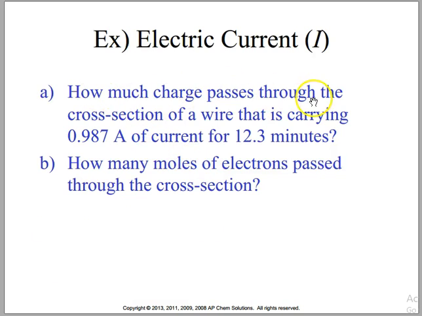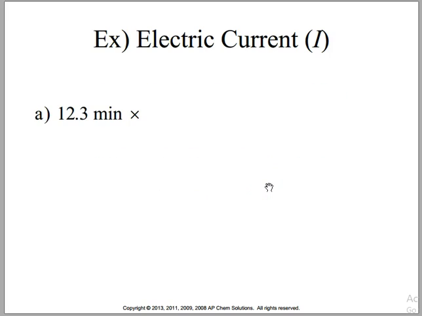How much charge passes through the cross-sectional wire that is carrying 0.987 amperes of current for 12.3 minutes? Okay, part B, how many moles of electrons pass through the cross-sectional area? Well, the first thing we have to do is convert this into seconds.